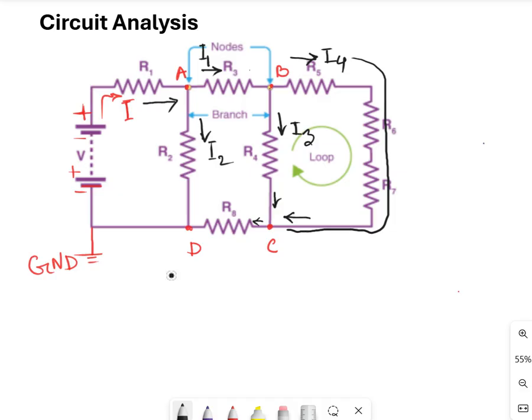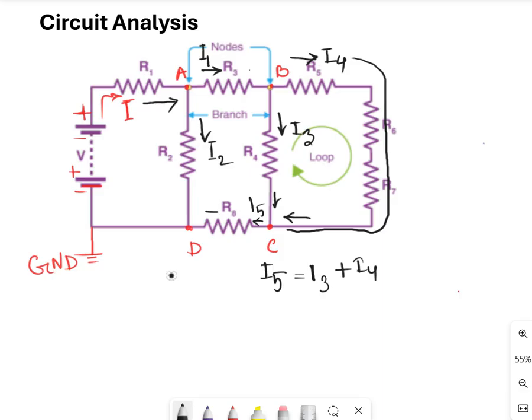So we can write down this current. Let's say this one is I5. So I5 is equal to I3 plus I4.